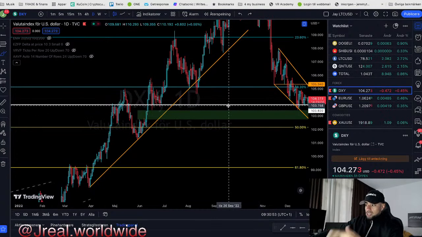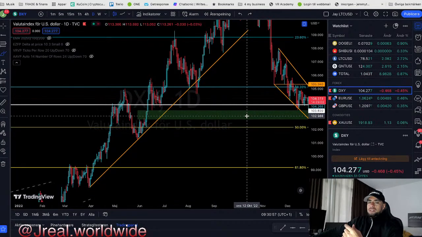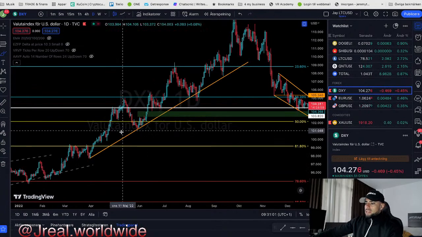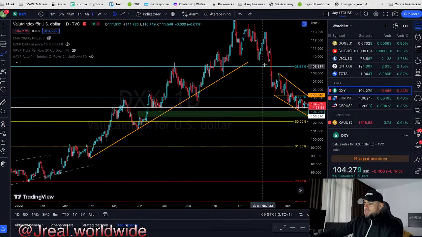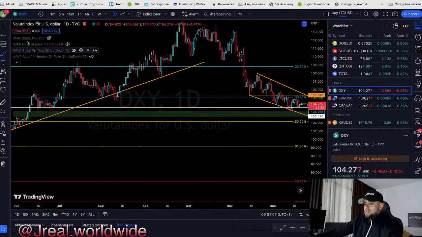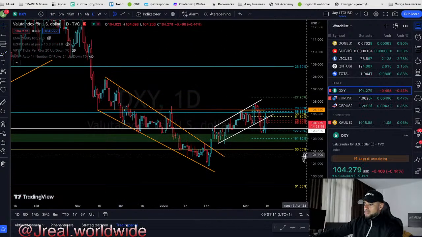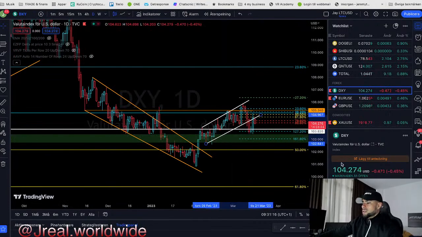When it comes to Dixie, the US dollar, I would say about 60% fundamental, 40% technical. So this doesn't weigh as strong as if this would have been a structure at Euro USD or something like that. Still though, it's nice to find these structures to understand in what direction the market is moving.